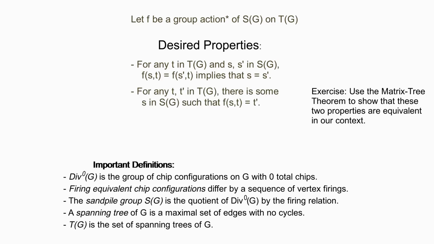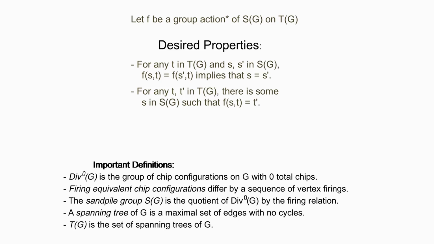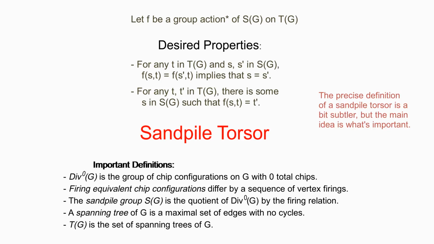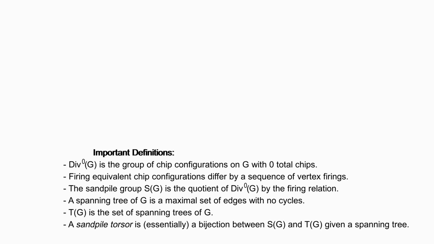A group action satisfying these two properties is called a free transitive action. A free transitive action from S of G to T of G is called a sandpile torsor. Essentially, a sandpile torsor is a bijection between S of G and T of G after we choose a distinguished spanning tree. So now we ask, are there any nice sandpile torsors?